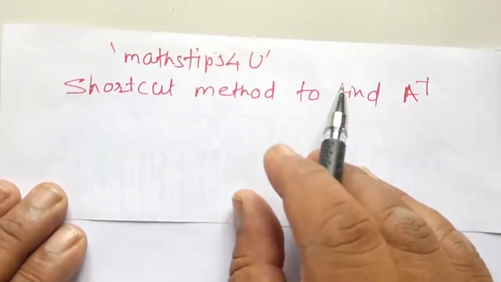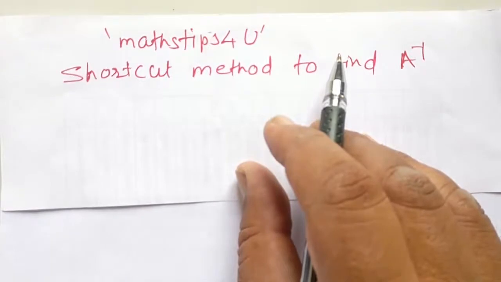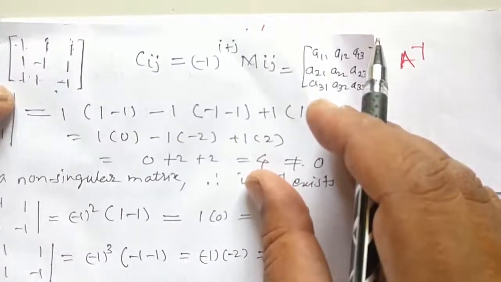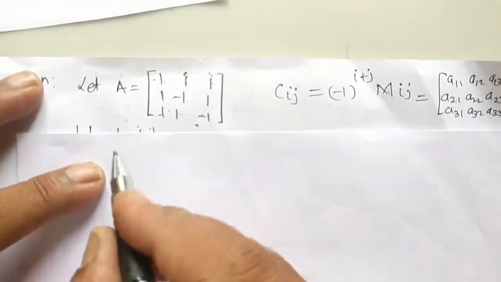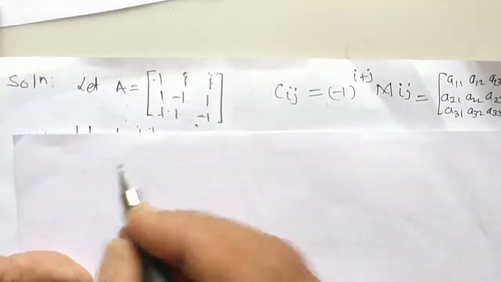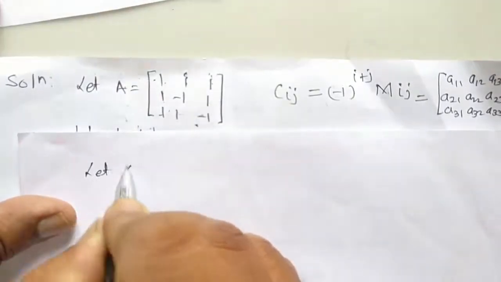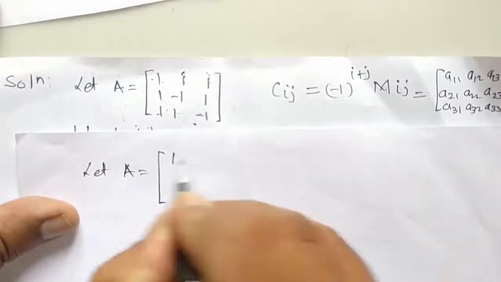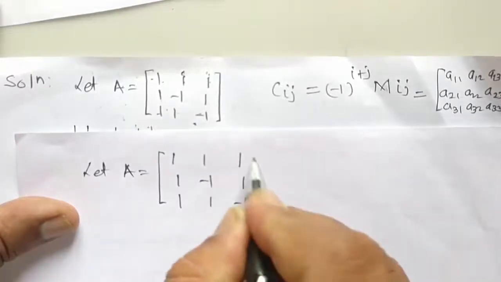So let us begin with the same example from video part 11, where I found the inverse by the adjoint method. This is the example I will take for the shortcut to find A inverse. Let us denote this by matrix A: 1 1 1, 1 minus 1 1, 1 1 minus 1.